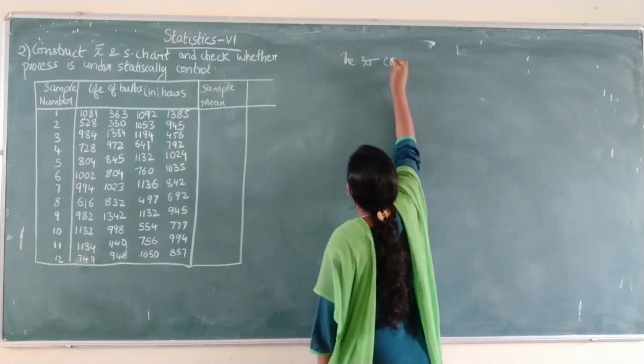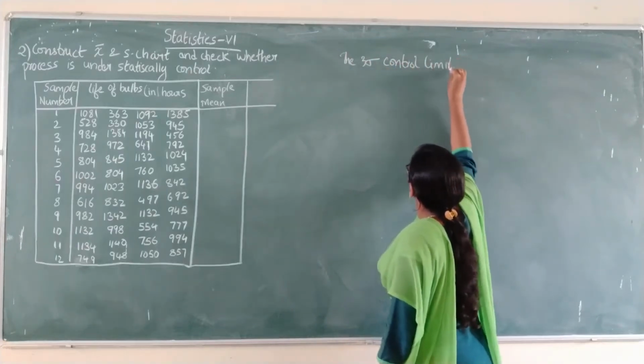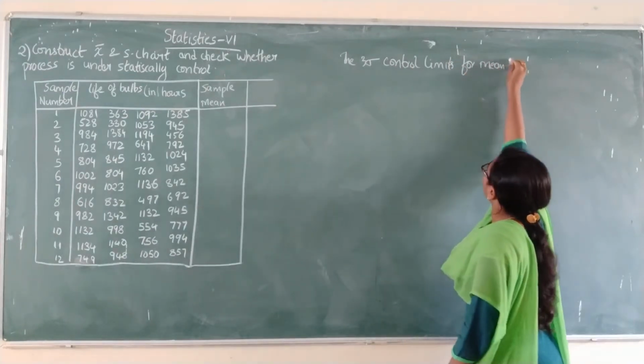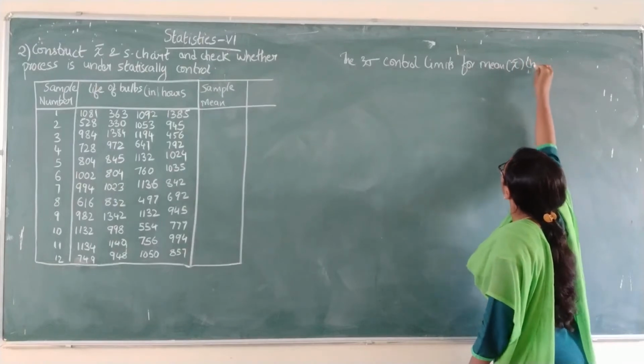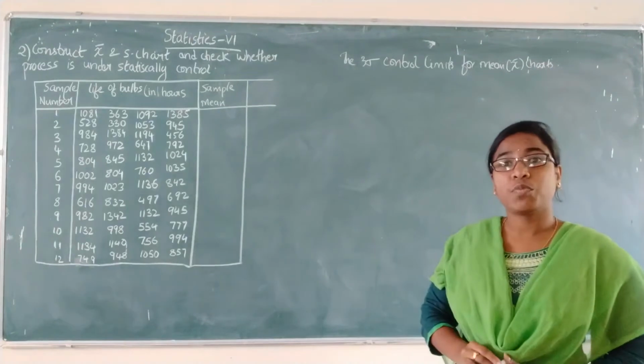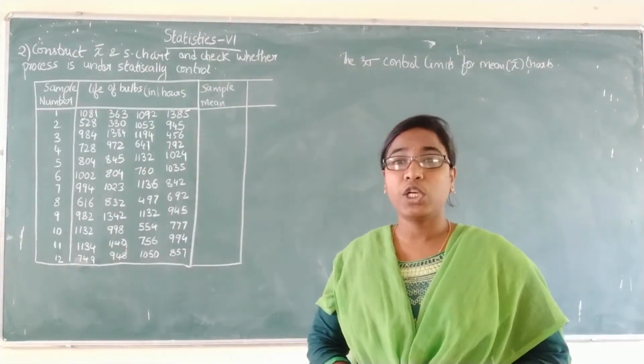The 3 sigma control limits for the mean chart. Mean chart means the X bar chart. So what are the 3 sigma control limits for the mean chart? In our previous problem, we took X double bar plus or minus A2 R bar.